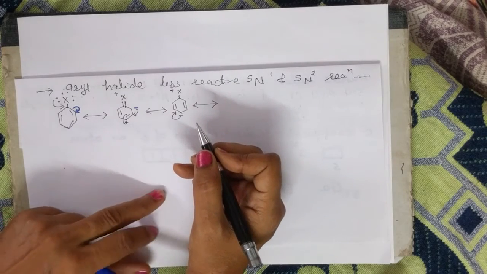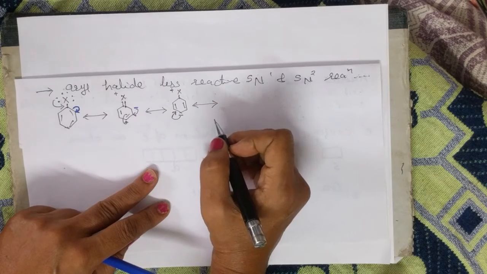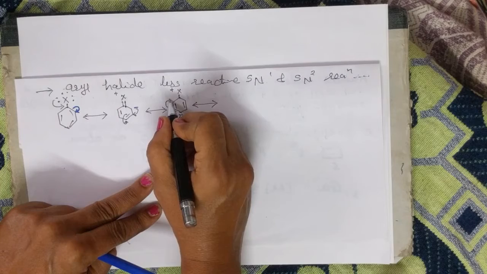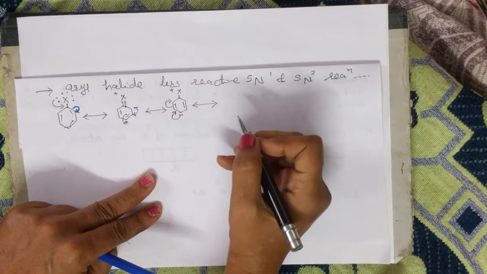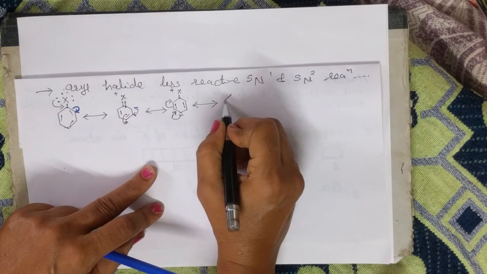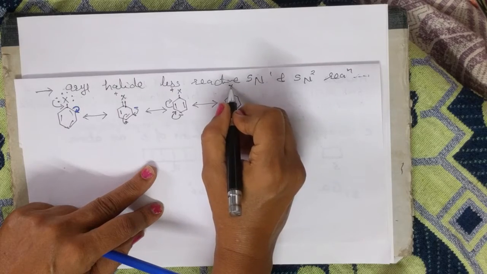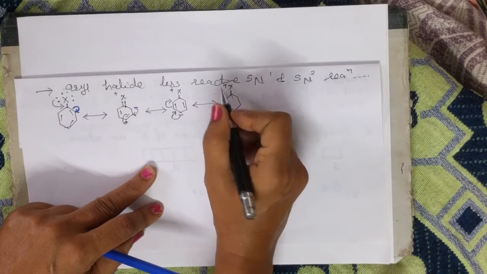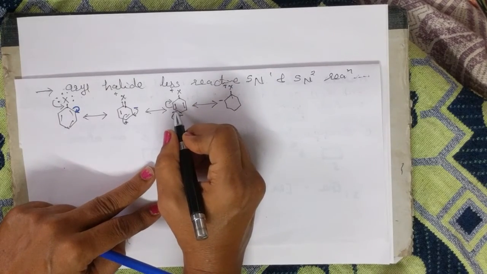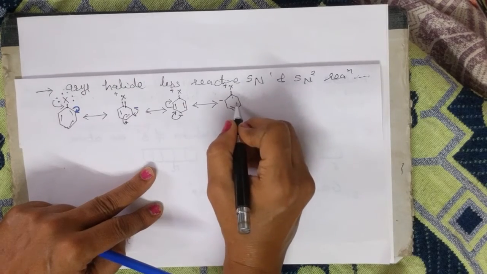So this double bond goes for the negative sign on the ortho position. Here X has the positive charge, and here you have a negative charge due to breaking of this double bond, and here you have a bond.